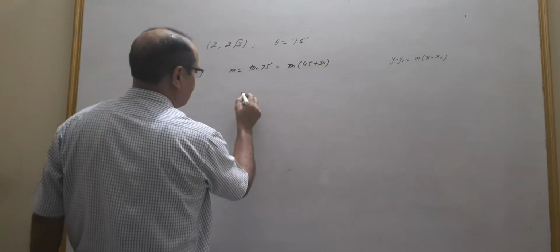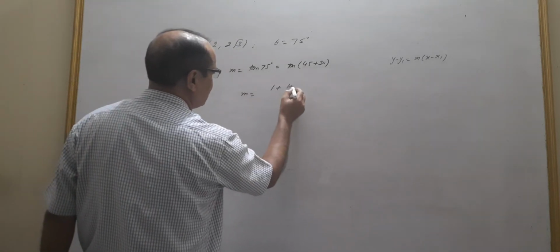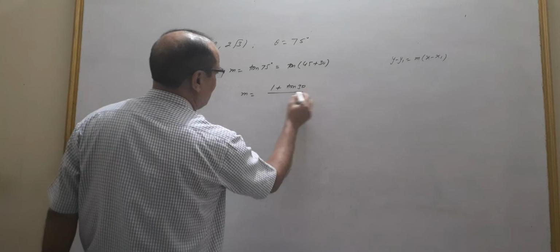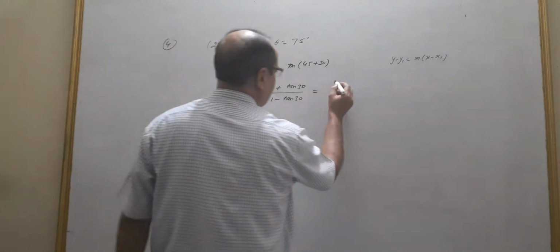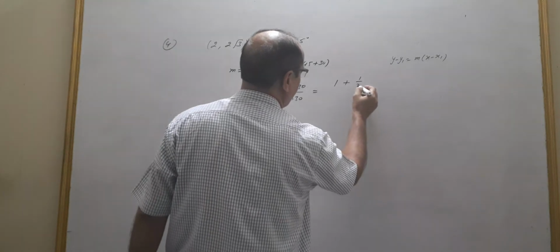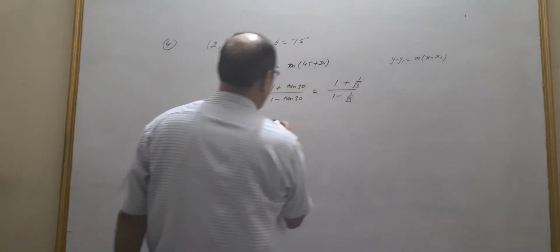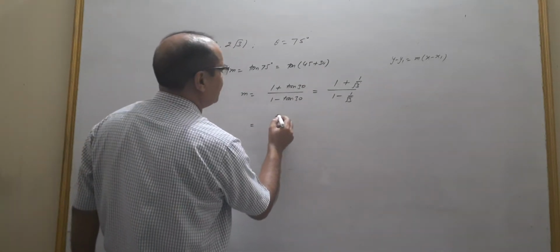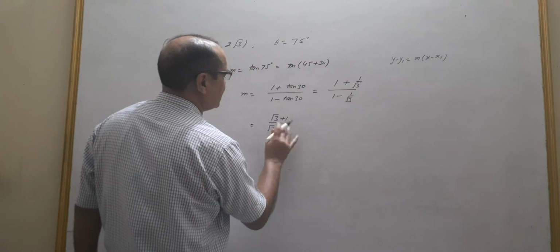Then this m can be written as tangent of 45 plus 30, which means 1 plus tangent 30 upon 1 minus tangent 30. What is this tangent 30? That is 1 by root 3, so 1 minus 1 by root 3. Now taking the LCM and solving it properly, you get this.